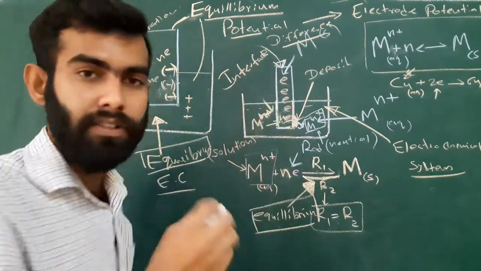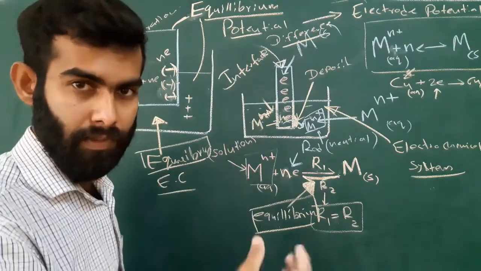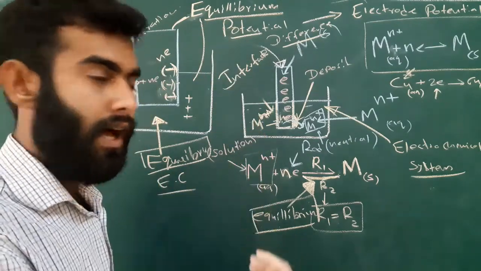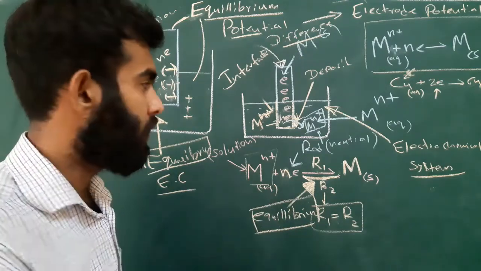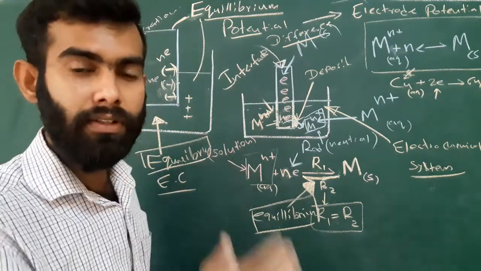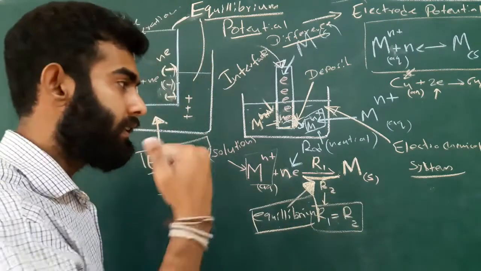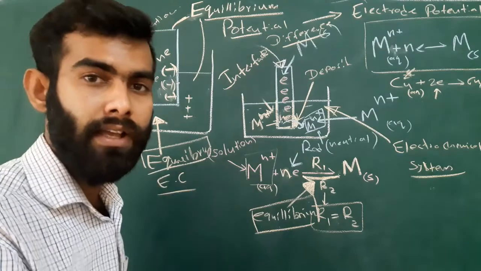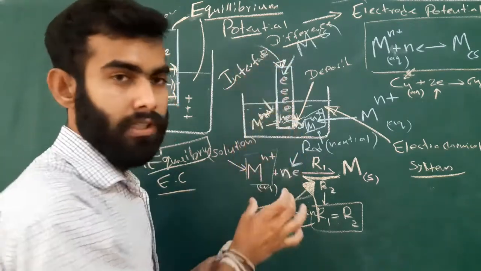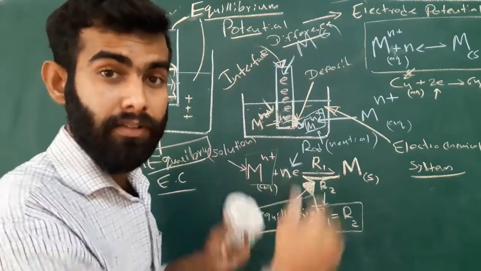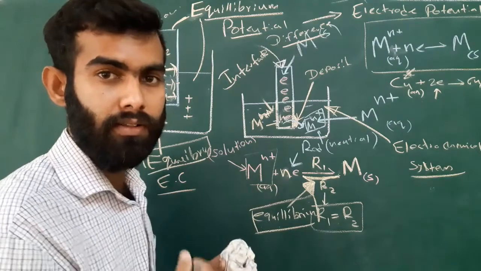An electrochemical system consists of a solid phase metal rod and its ionic solution or electrolyte solution. Okay, solid and aqueous, two phases are there. If someone asks you what an electrochemical system is, you have to define it as a metal rod dipped in its own ion containing solution, or electrolyte solution.